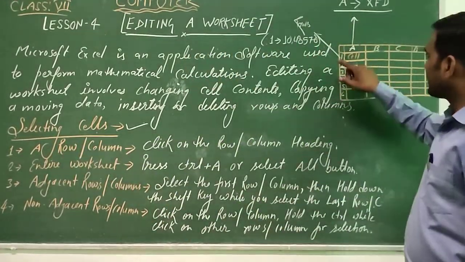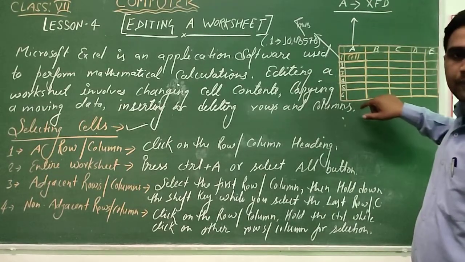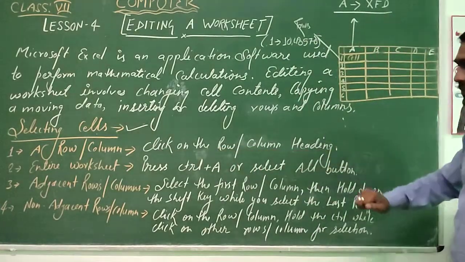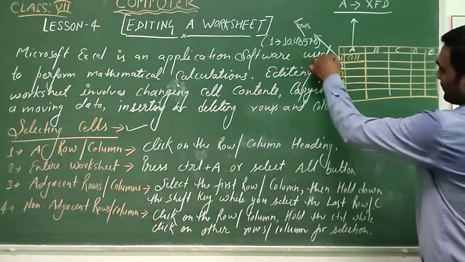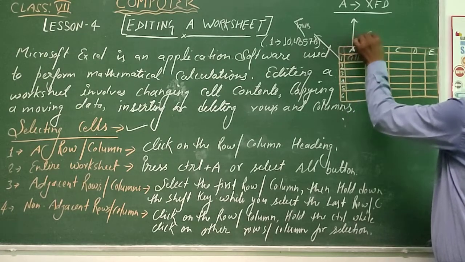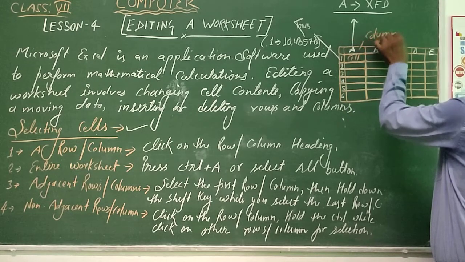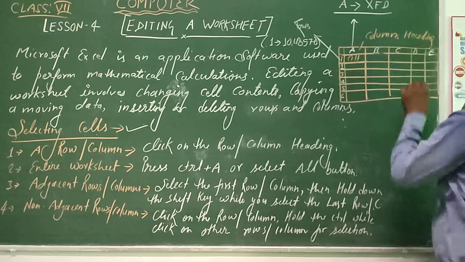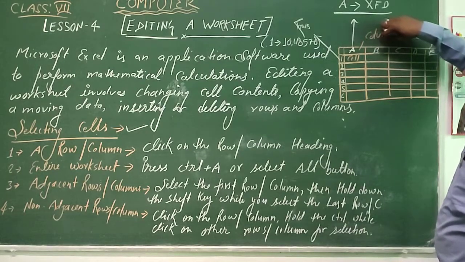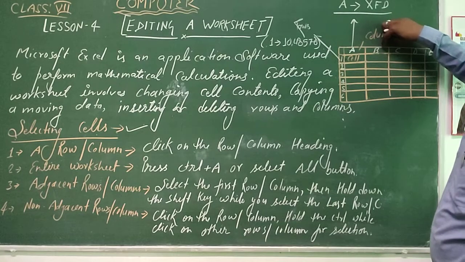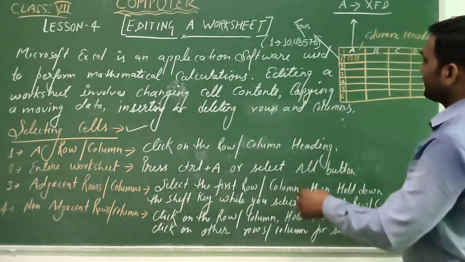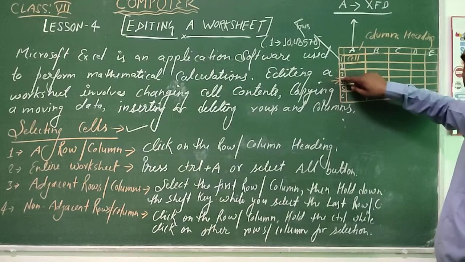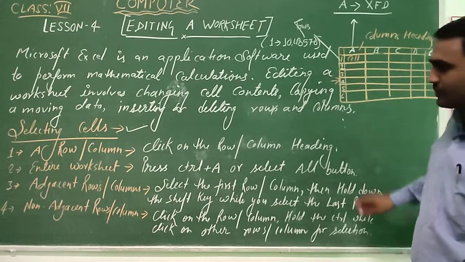If we want to select any particular row and particular column, we can click on the row and column heading. Okay, so this is a column heading. Right, so you can click on any column heading. Same process if you want to select row number 4, you can click on the row heading, right?